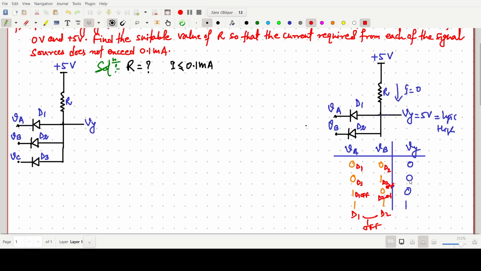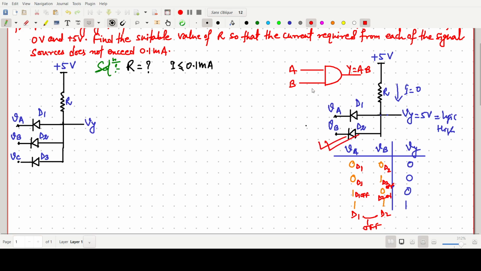So this one is nothing but simply an AND gate, a two-input AND gate, say with inputs A and B. So Y will be A into B. This is just the AND gate representation.